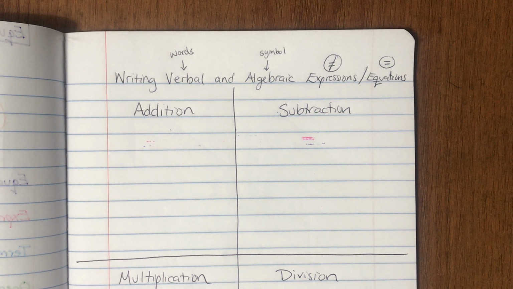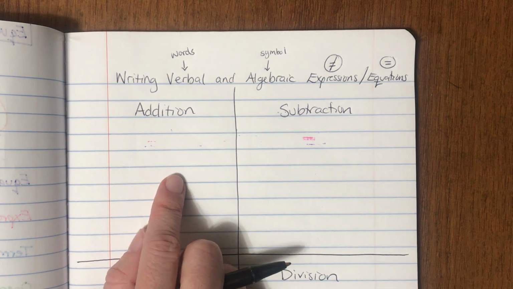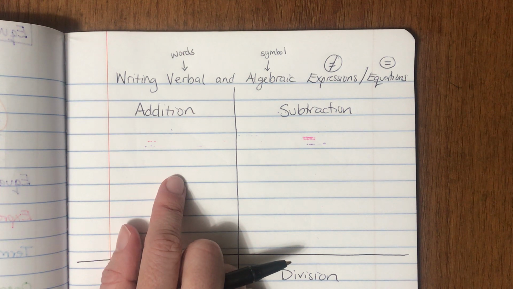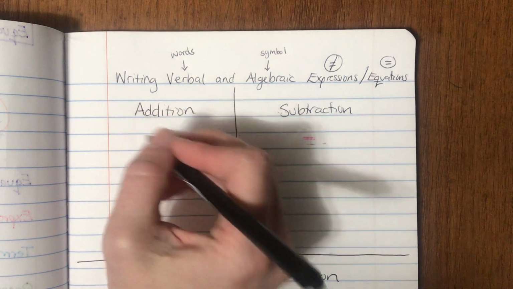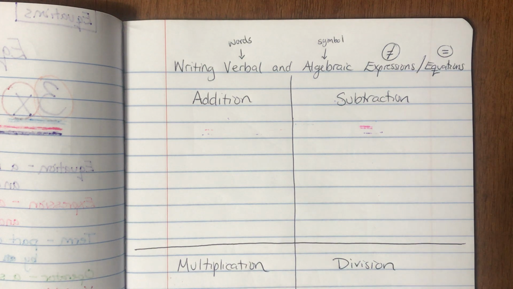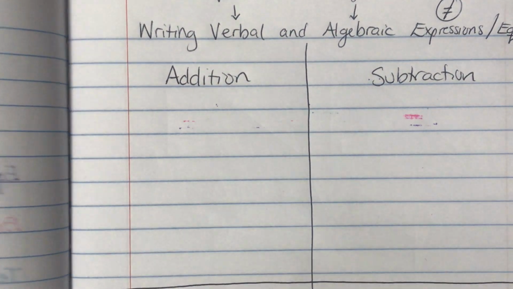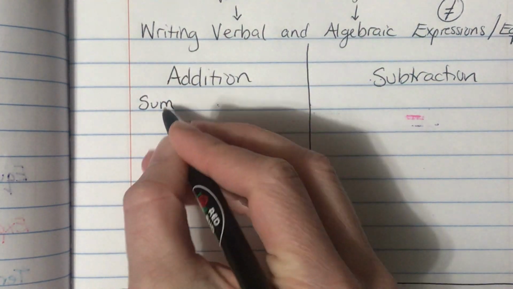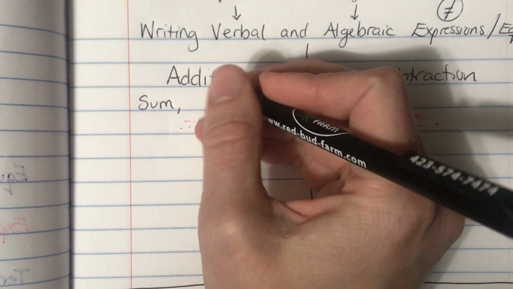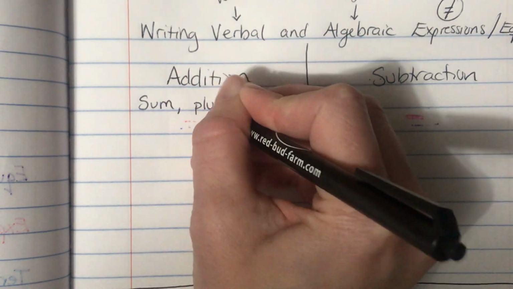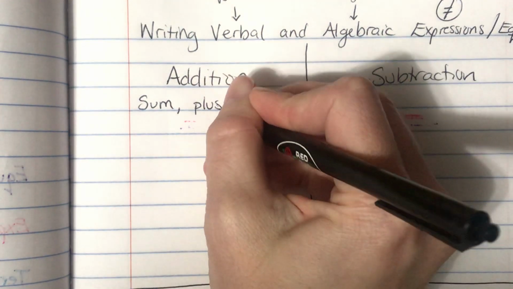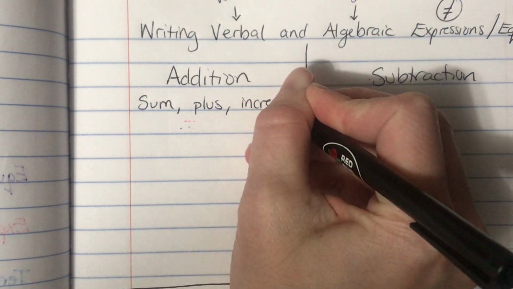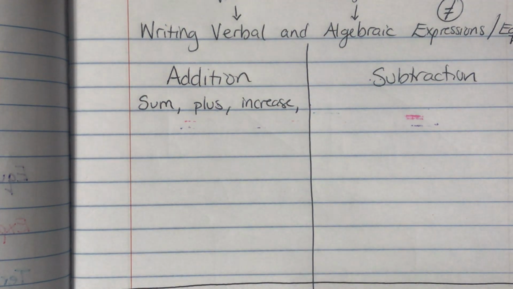If you were in class with me, I would just have you yell them out, but think about some words that you know mean addition. There's lots of them. We're just going to list some of them out. Let me zoom in on just this box for a second. Some words that mean addition: the word sum, that's a fancy word for addition. The word plus means addition. The word increase.